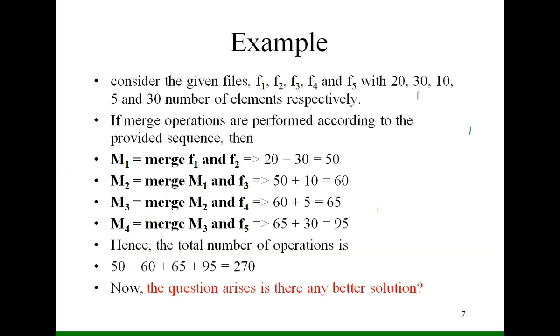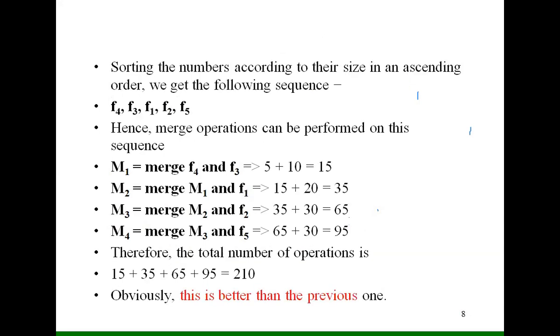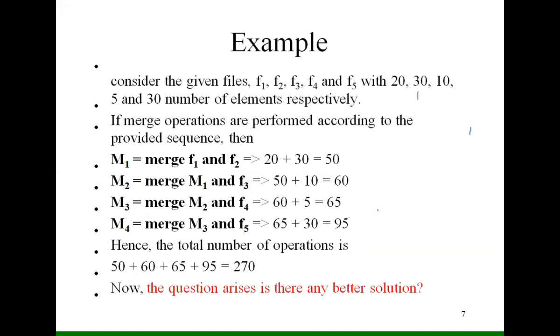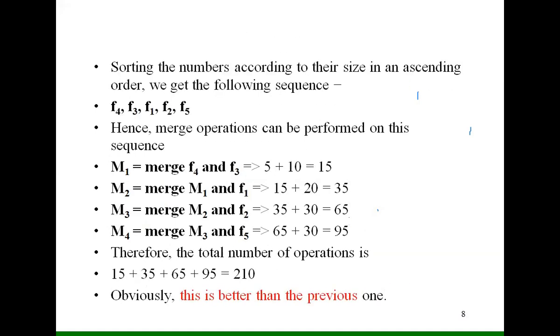Always we try to consider increasing order of the length of the file, depending on the size of the file, from the shortest file to the largest file. We are considering the merging of the files. In this example, which one is the better solution?